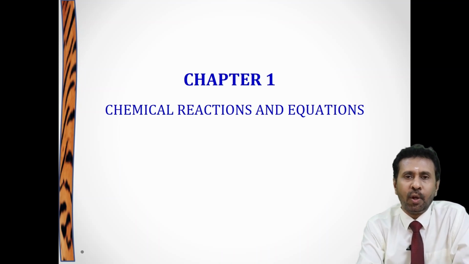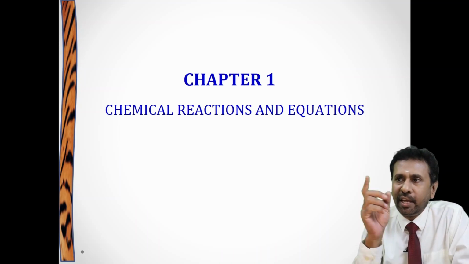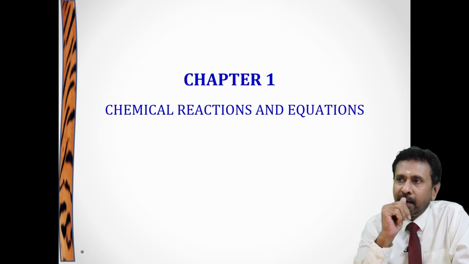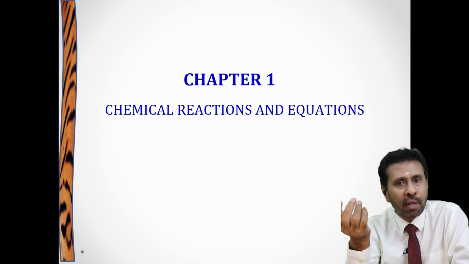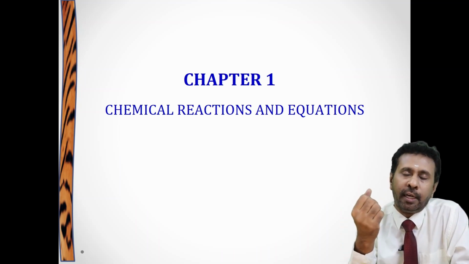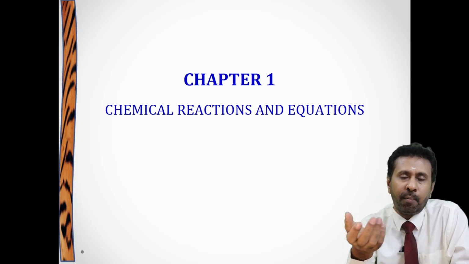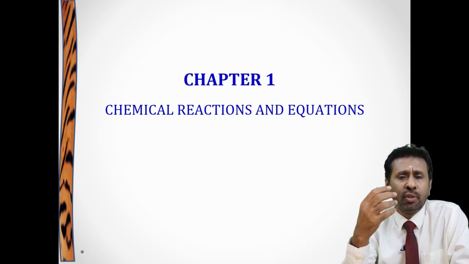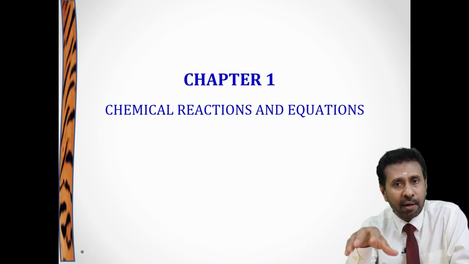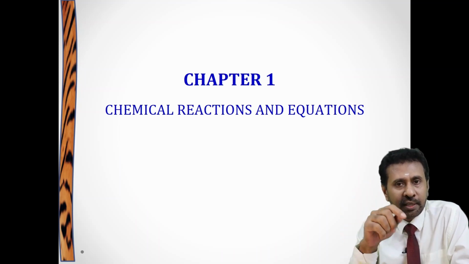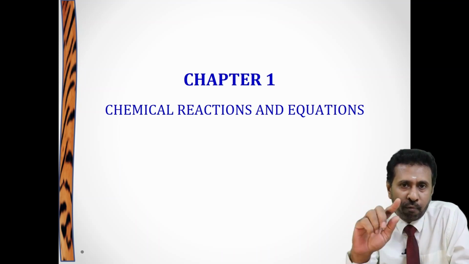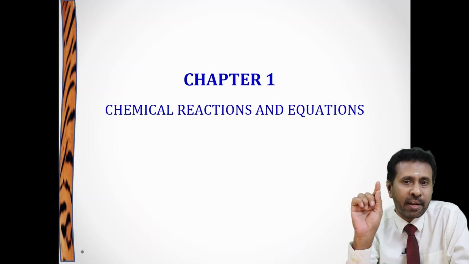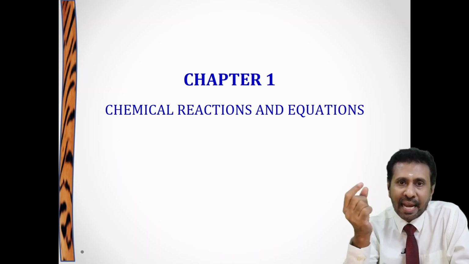Lesson 1 is all about chemical reactions and equations. Even before we have a discussion about chemical reactions and equations, I would like to have an informal discussion about what reactions are. There are so many reactions that happen around us. One such example is this: dip a nail in water, keep it exposed to air for a few days, and when you rub your finger over it, you will find a brown amorphous solid that sticks to your fingers.